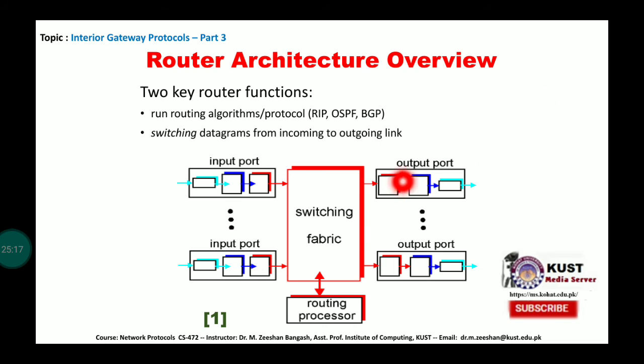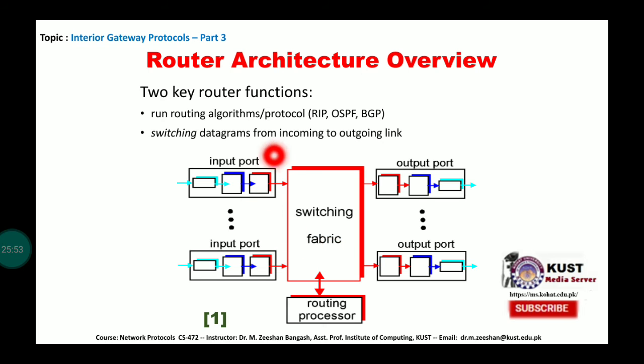The architecture of a complete router is shown, in which there are some input ports, which we call the input interfaces, and then there are output interfaces, depending upon the type of the router. In the case of a modular router, you can add input and output interfaces, and then there is a switching fabric that switches the incoming packet to different output interfaces, and another routing processor that is connected with the switching fabric.